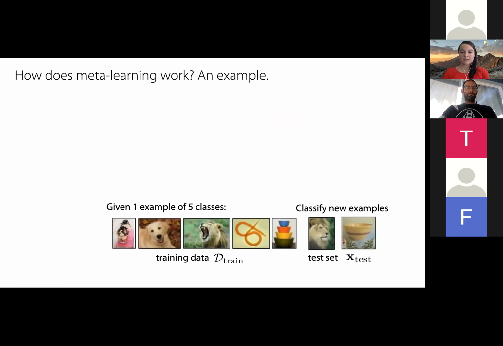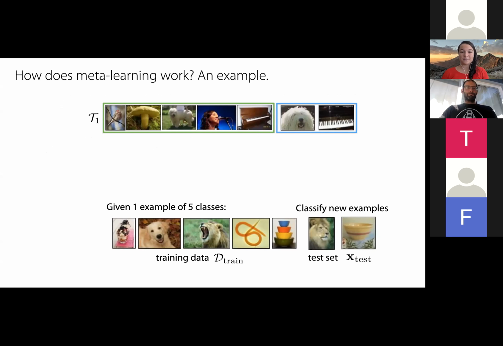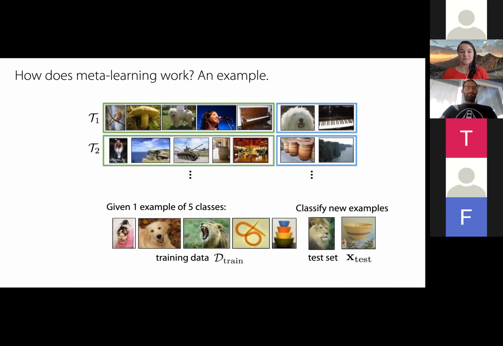Say this is the task that we want to be able to perform at test time. The way that we're going to prepare our learner to learn from a small amount of data is to structure data from other image classes in the same way as what we'll be seeing at test time. We can construct many different small training data sets and test sets, and train a model such that after it's seen the training data set on the left, it can generalize to the data points on the right, and do this for a wide range of tasks.